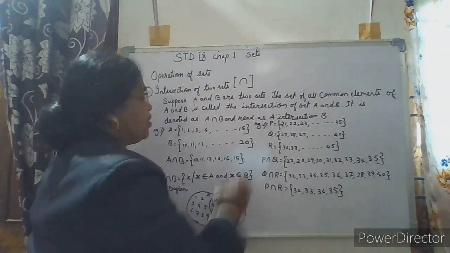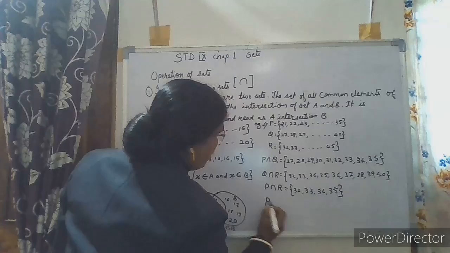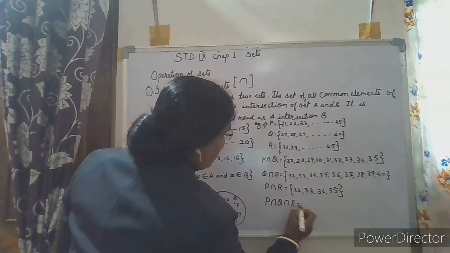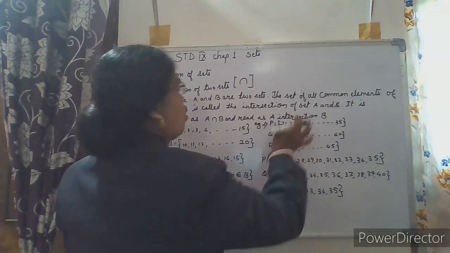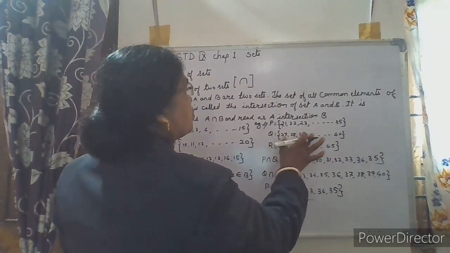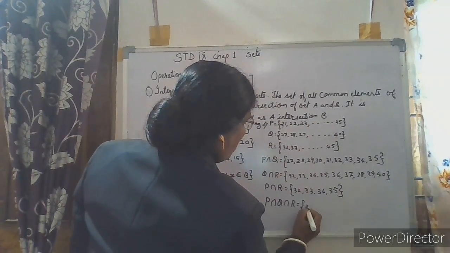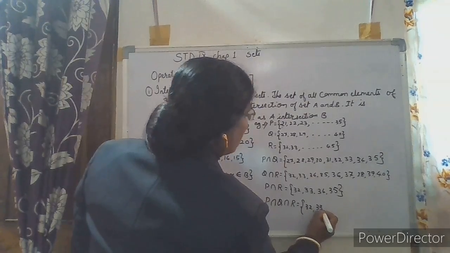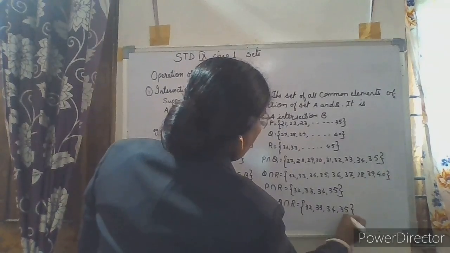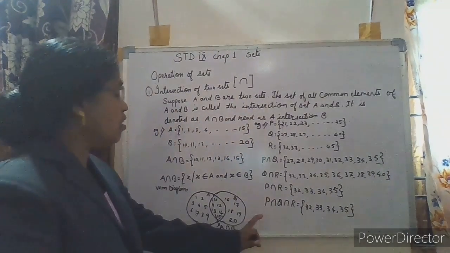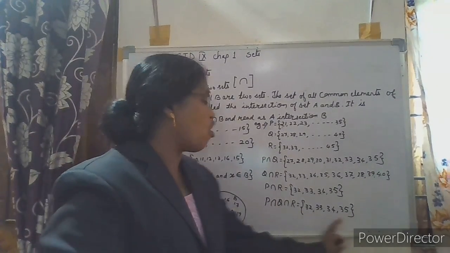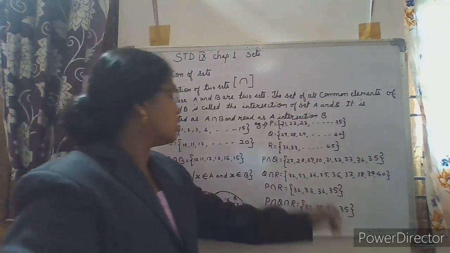Now, we see all three intersections together. P intersection Q intersection R. Now, what is common between all three sets? So, 32. 32 is here also, here also. 32, 33, 34 and 35. This is the intersection of P intersection Q intersection R. Common element between all the three sets.